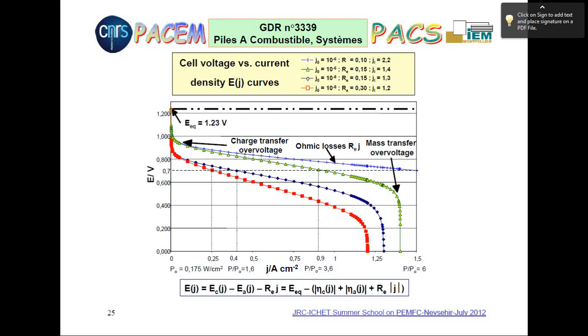So you improve the energy efficiency and you improve the power of the cell.